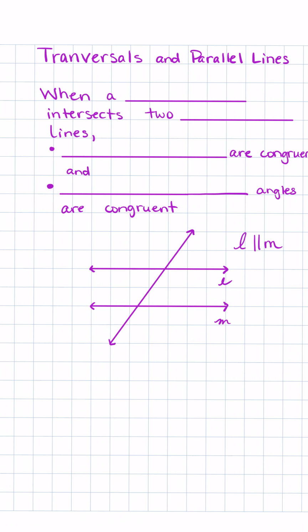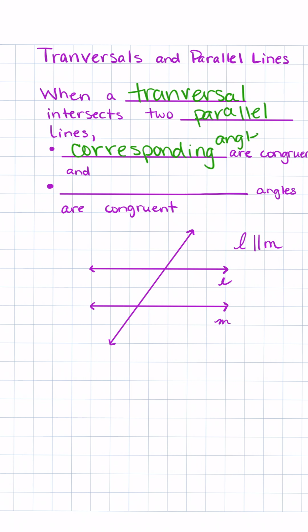When a transversal intersects two parallel lines, corresponding angles are congruent, right?